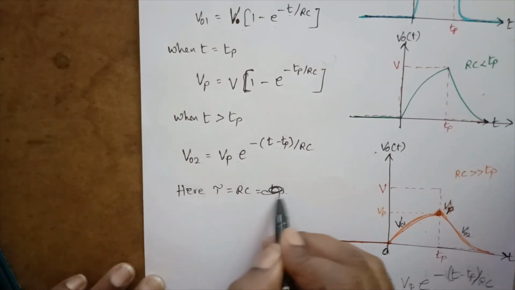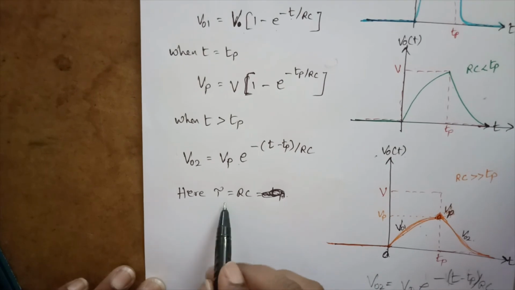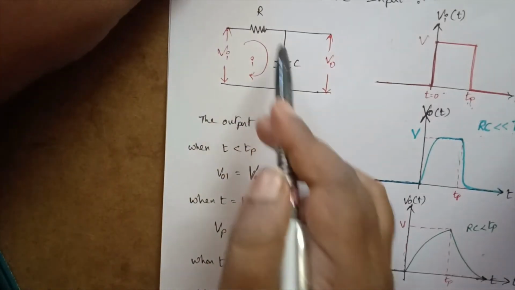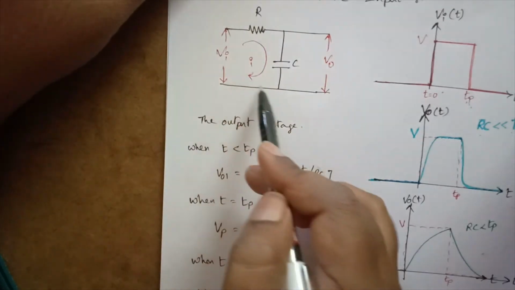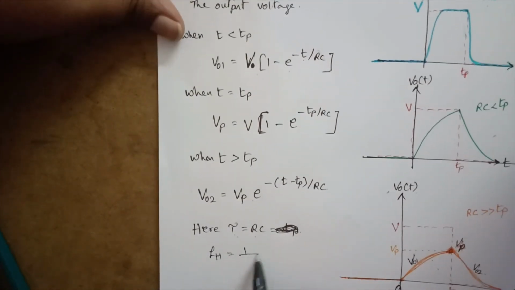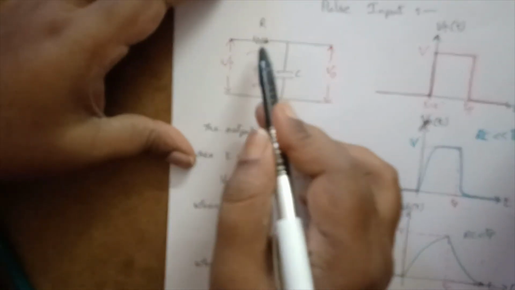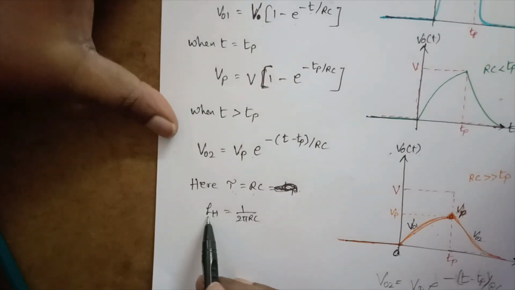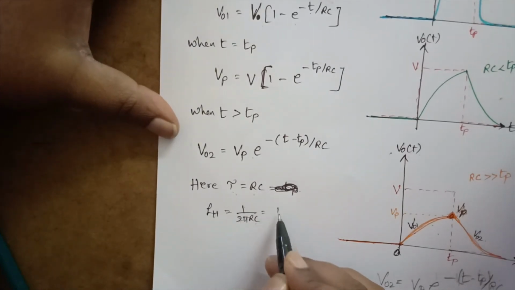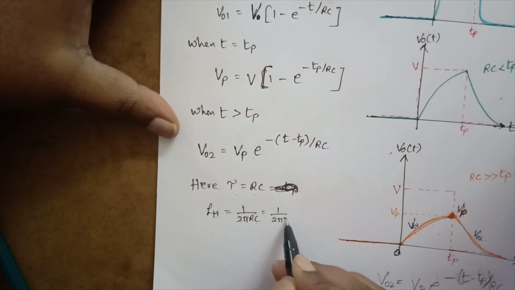What is tau here? Tau is the time constant of the RC low pass circuit. The upper cutoff frequency FH is 1 by 2 pi RC, the upper cutoff frequency of the low pass circuit. Generally we write it as 1 by 2 pi tau.